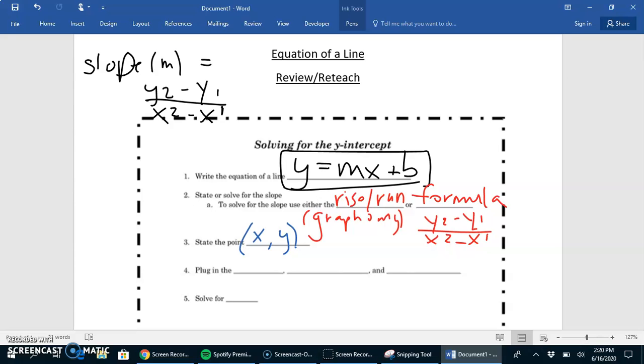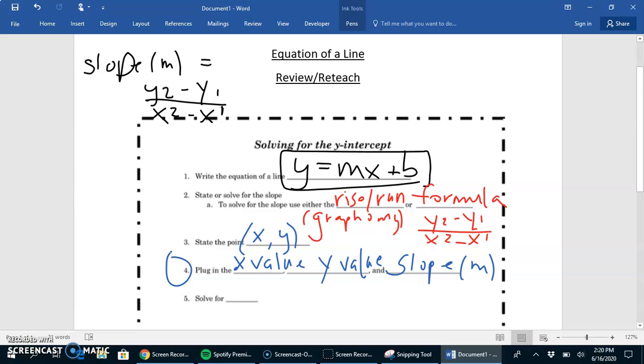Next, we have to plug in, right? We have to plug in the x value, the y value, and that's right, the slope. Okay, m. Those are the three things that you need in order to solve for the b, or the y-intercept. Okay?